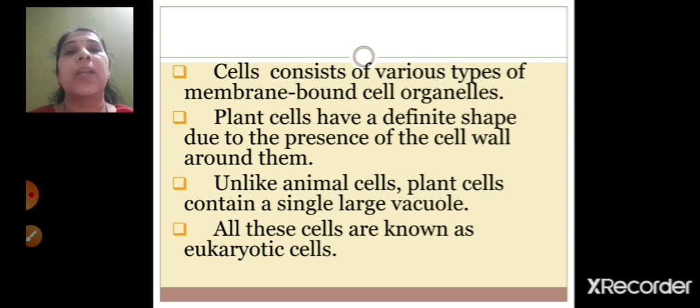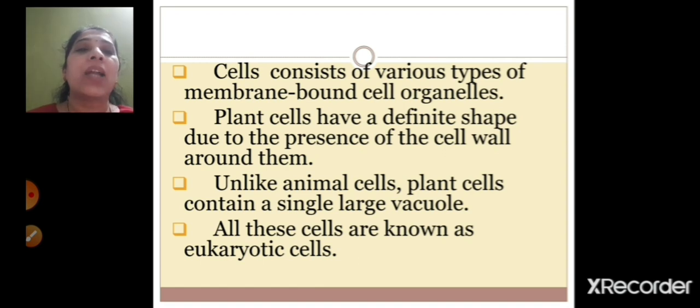Why do they have a definite shape? Because the cell wall is present around them. Unlike animal cells, plant cells contain a single large vacuole. Now the vacuole is present in both animal cell as well as plant cell, but in the animal cell the vacuole is small, whereas in plant cells the vacuole is large.